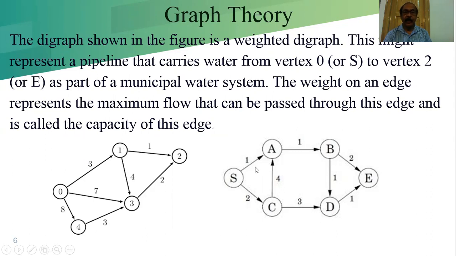This represents how much maximum water can flow through this pipe from vertex A to B, like that from one vertex to another. Suppose C to D is 3.